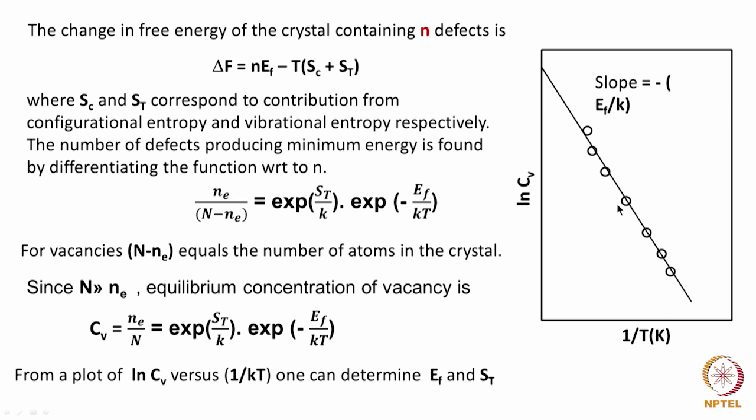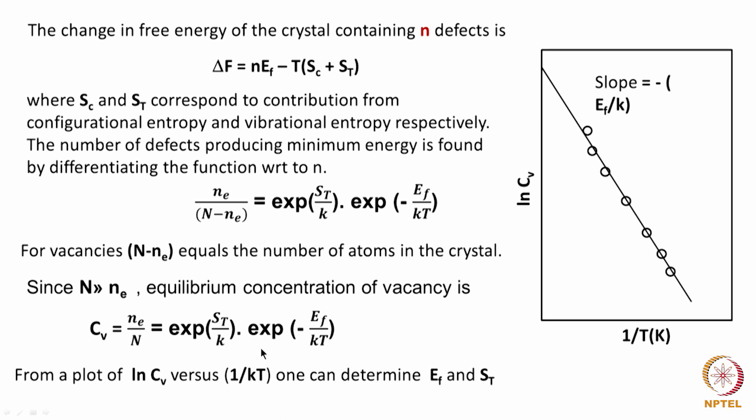The point at which it cuts the y axis will give information about ST by K. So we can get both the thermal entropy term and the formation energy. Or if we know these values, we can calculate theoretically the concentration of defects which will be produced in the material.